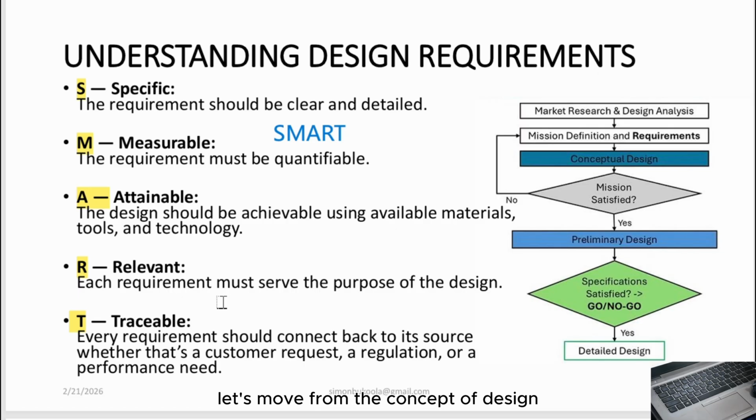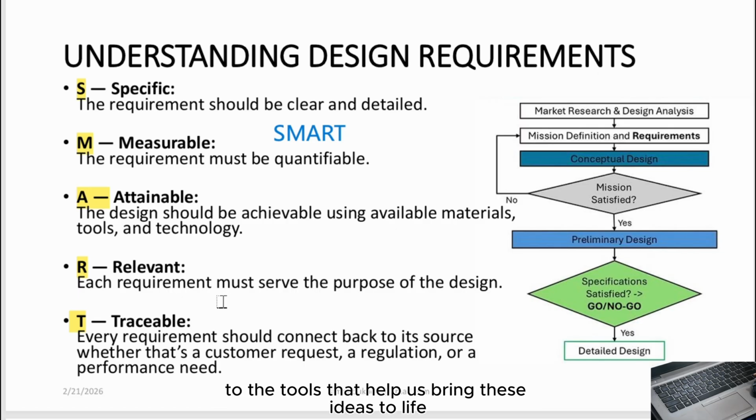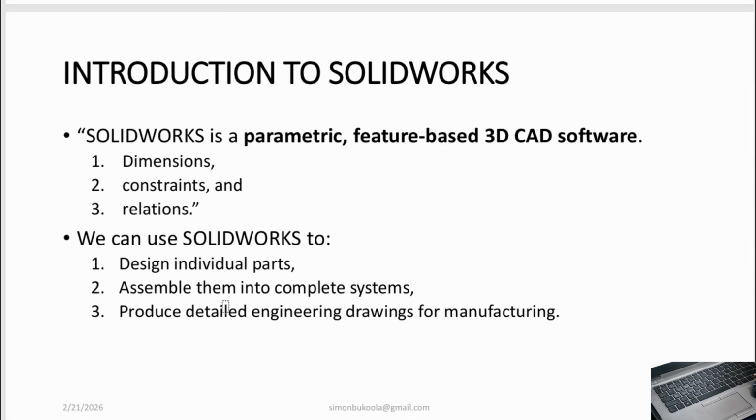Now let's move from the concept of design to the tools that help us bring these ideas to life. So we jump into SOLIDWORKS. SOLIDWORKS is a parametric feature-based 3D software.